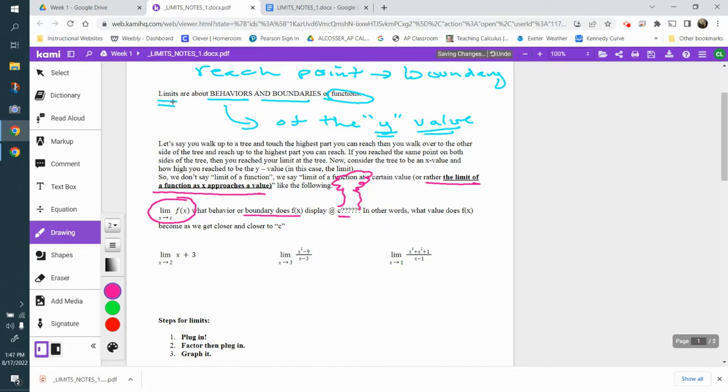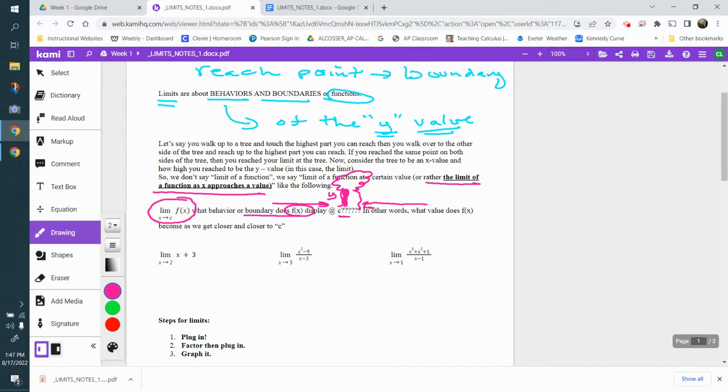And as I approach c, or the tree, from both sides, what does my height do? Now remember, height goes up and down. That's got to be your y value. So what does f of x do, or what limit or boundary does it approach as I go towards each side?